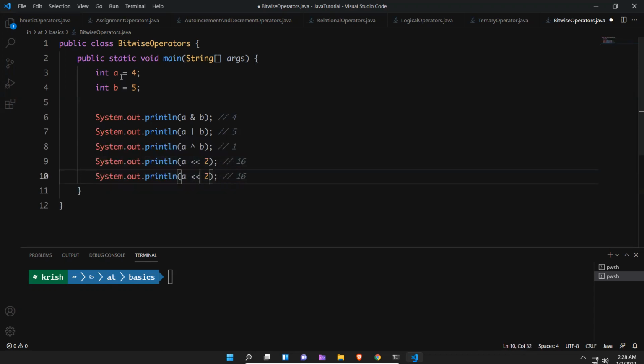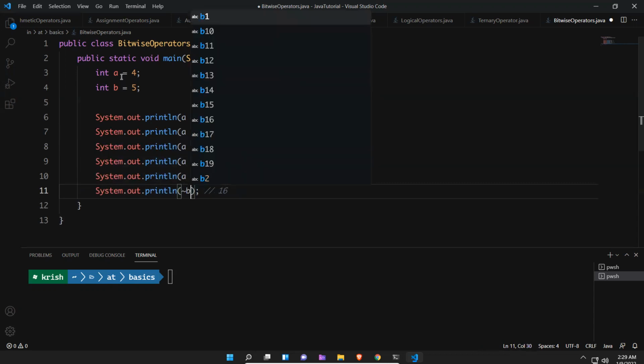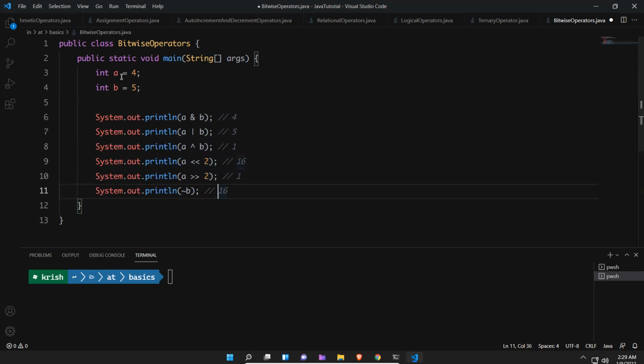Then A right shift 2 became 1 as well. Then again I have taken tilde of B. B is 5, right? It became -6. And I'll take one more: tilde of -10. Then it becomes +9. That is what we have seen in theory.